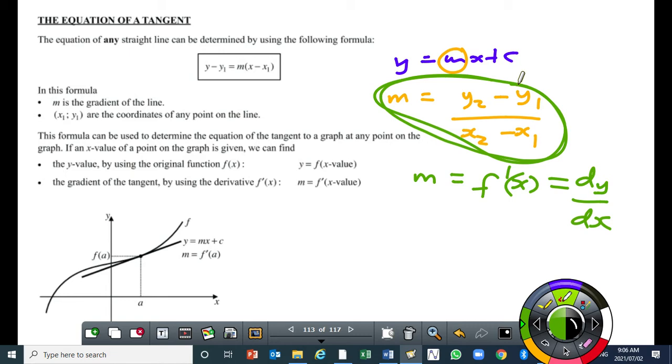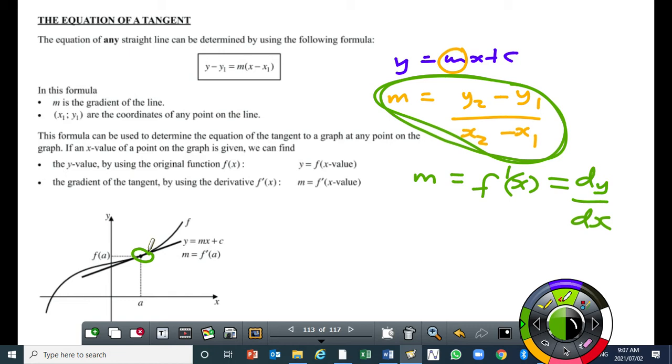So once you know how to find the derivative using rules, you should be able to find the gradient of a tangent at a point of contact. The gradient of the tangent at the point of contact is equivalent to the gradient of the graph at that point.